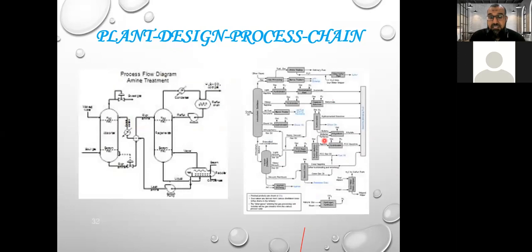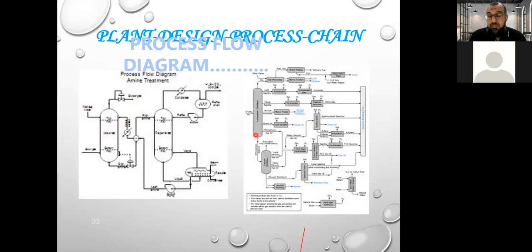And this chain starts with some terminology we call the process flow diagram. This process flow diagram is one of the important documents which is available in every plant, in every operation. The process flow diagram consists of everything inside the plant: every equipment, every device, every important valve inside the plant.